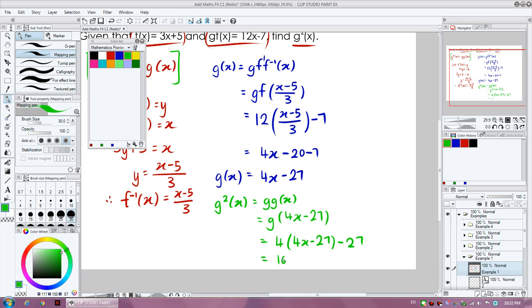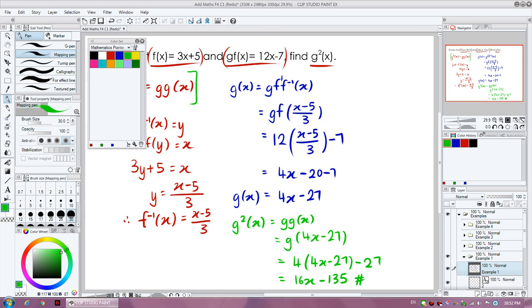So it will be 16x, and 4 times negative 27 is negative 108, so it will be negative 135. So that's g squared x, and that's how you would find the answer to this problem. It's not actually that hard, you just need to know which steps to take before you start.